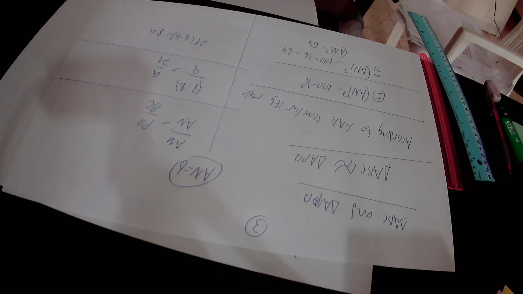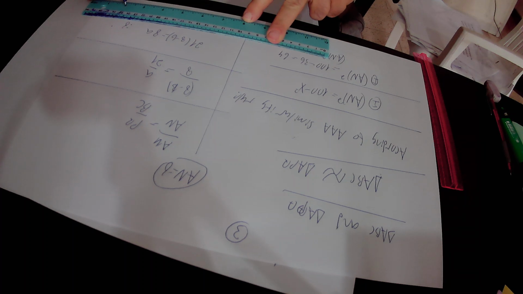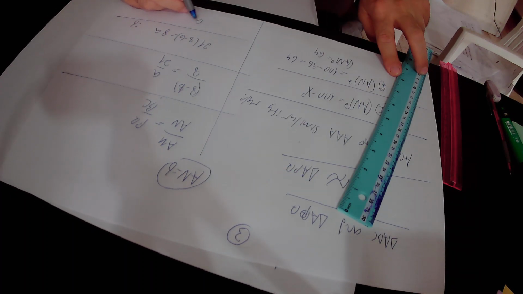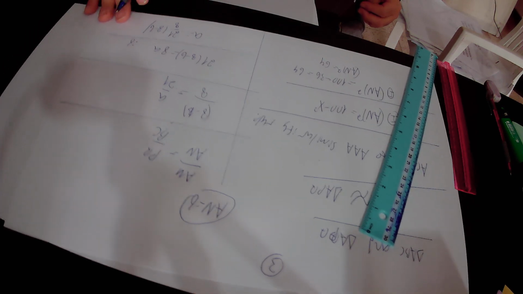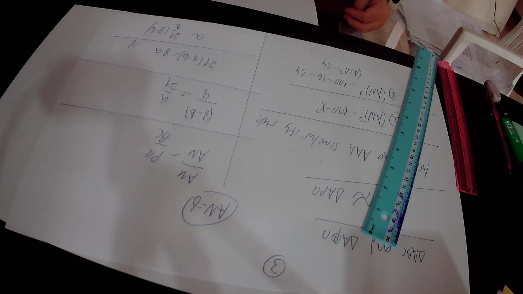Here we will divide this equation by 8 and you get that A equals 21 over 8 times 8 minus B. So here we will open the brackets of this expression and finally we get that A equals, here we have 8 in the numerator and 8 in the denominator, so 8 we can cancel and we are left only with 21.